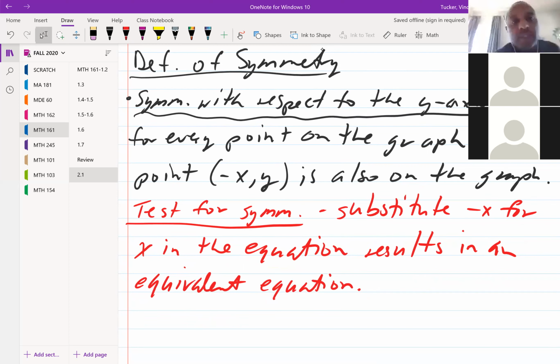All right, so definition of symmetry. The first one is symmetric with respect to the y-axis. For every point on the graph, the point (negative x, y) is also on the graph. The way we'll test for this symmetry is to substitute negative x for x in the equation, and the result should be the same equation that we started off with.